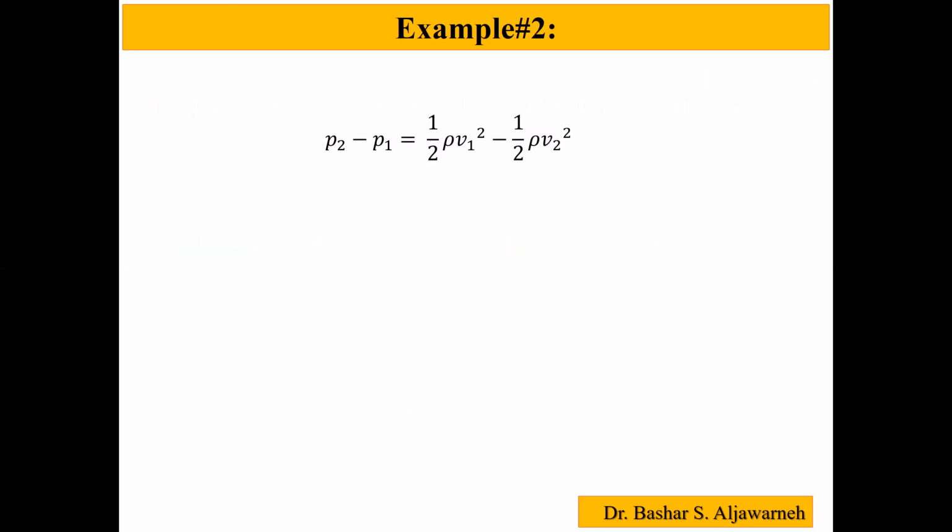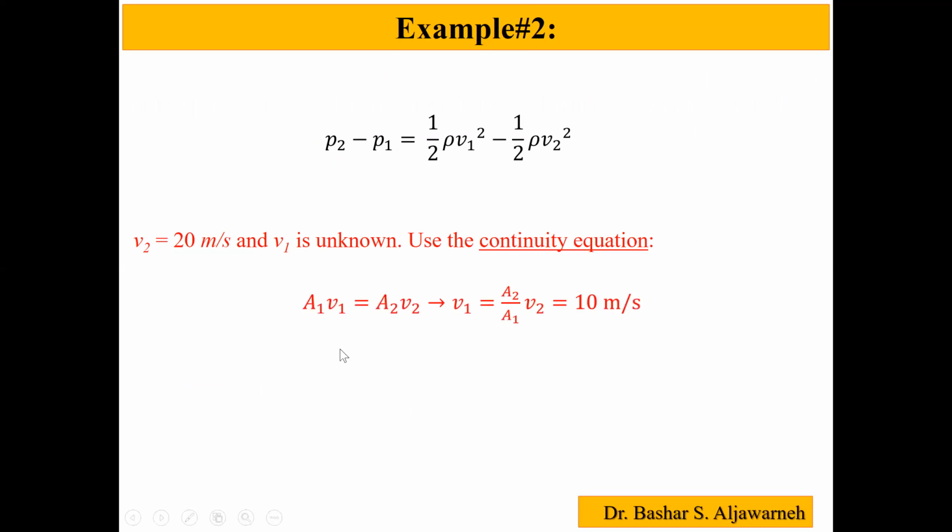But V2 is given, so we have to calculate V1. Now, at this moment, we have to go back to the flow rate, which is A1 V1 equals A2 V2, then calculate V1.